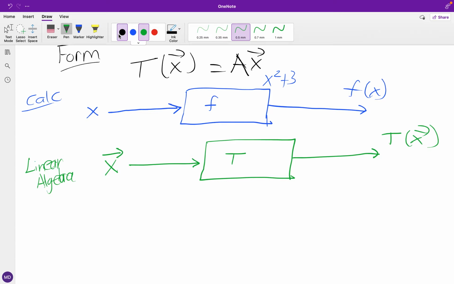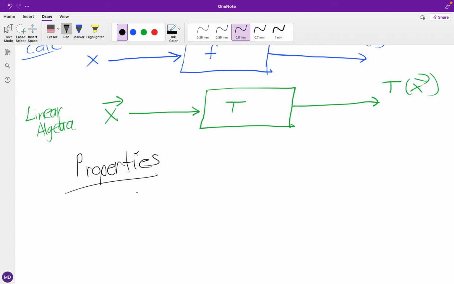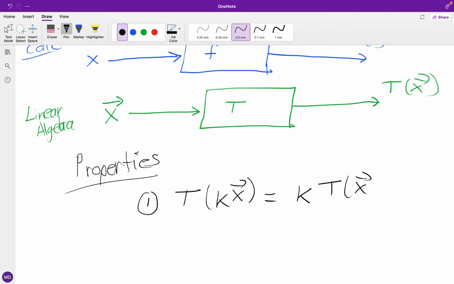Now there are a couple of really important properties of linear transformations. There are two major properties. If we take the transformation of a vector kx, so some scalar multiple times our input vector, it's equal to that same scalar multiple times our transformed x vector.